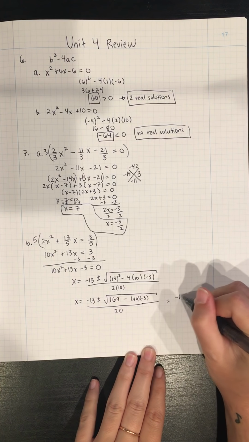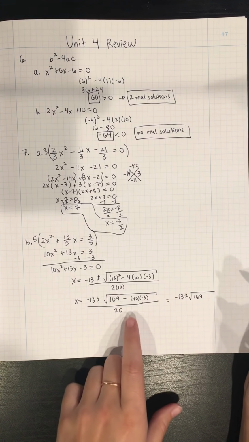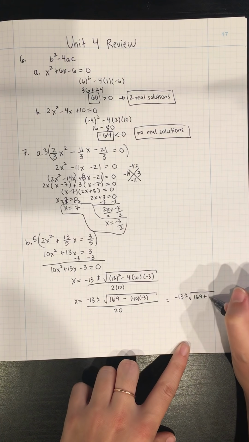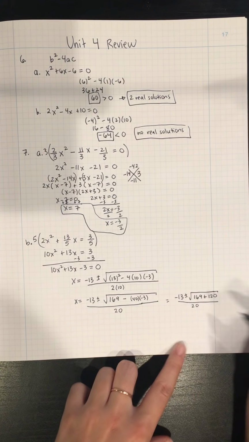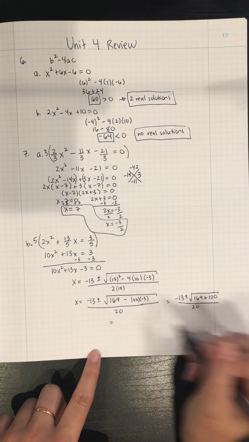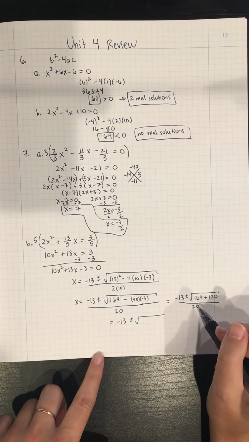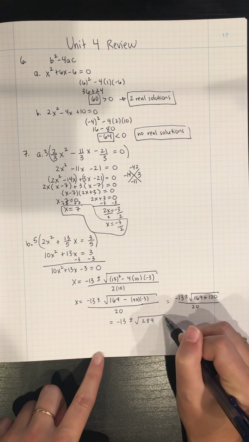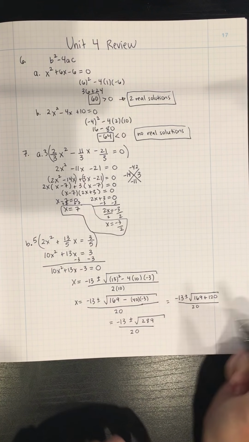So that's negative 13 plus or minus the square root of 169. So this is minus 40 times negative 3, so this will be plus 120 all over 20, which is negative 13 plus or minus the square root of 289 all over 20.